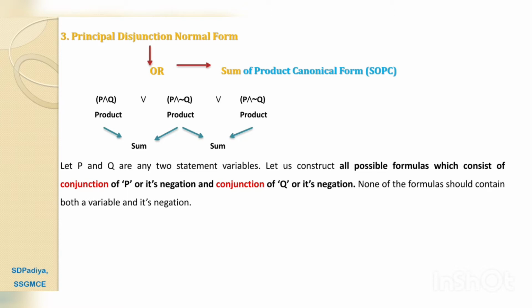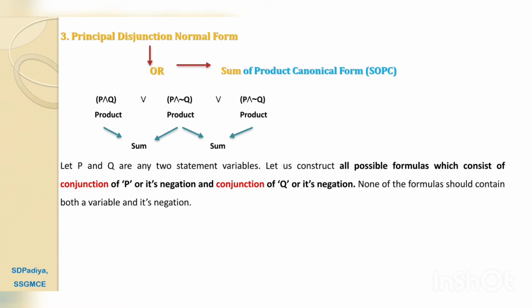Let P and Q be any two statement variables. Then we construct all possible formulas which consist of the conjunction of P or its negation and Q or its negation. None of the formulas should contain both a variable and its negation.